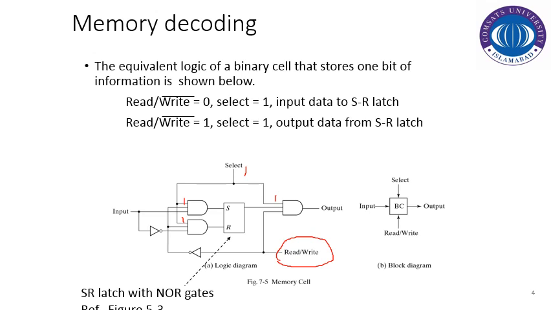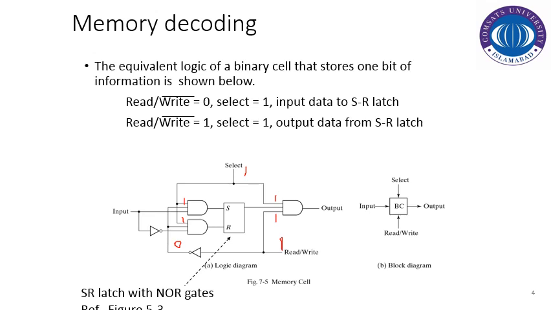So let us set the value of this line to 1. In that particular case, this input to the AND gate that has been coupled with the output line is 1, and by passing through this inverter, these input lines of these two AND gates are set to 0.